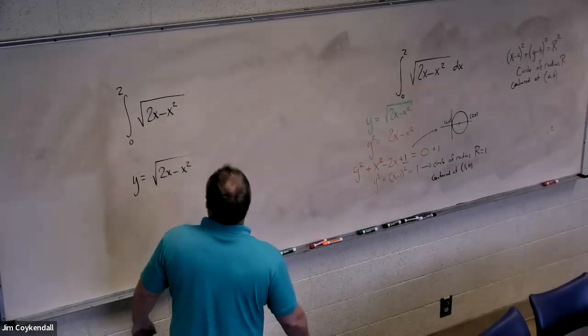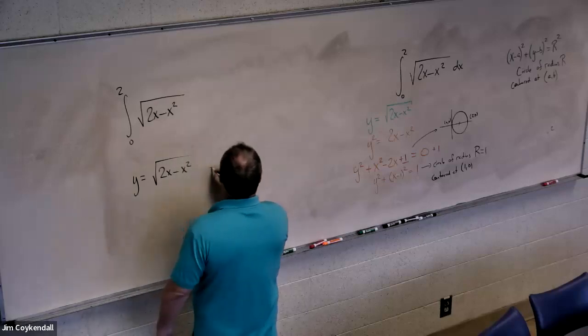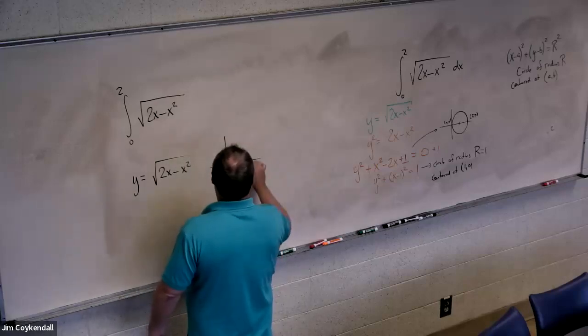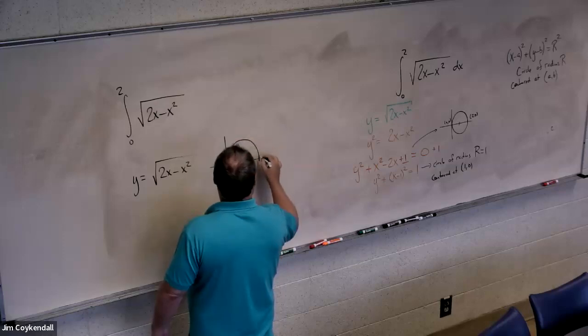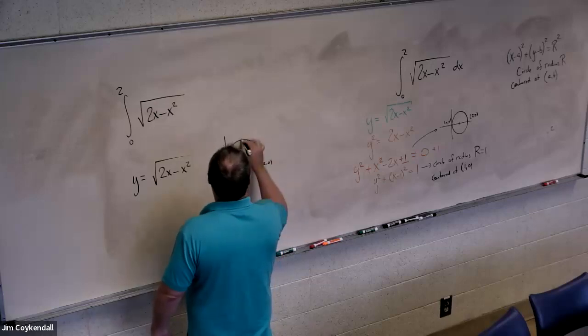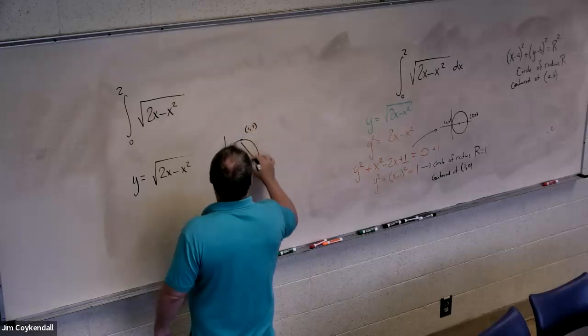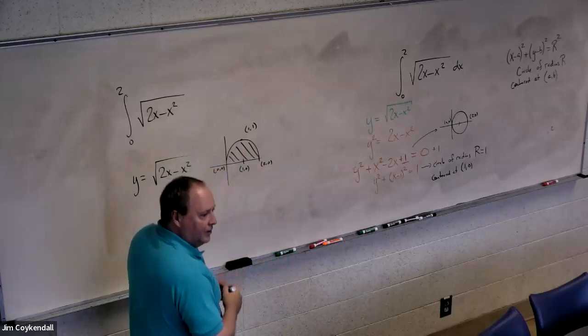Again, you've got the square root of the positive. It's the upper half of the circle. So it looks like this. 0, 0, 1, 1. So, the area.